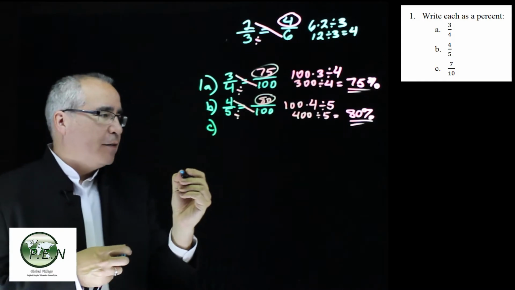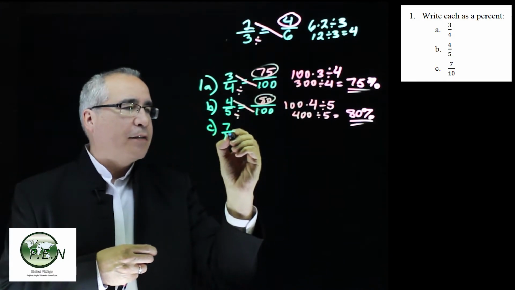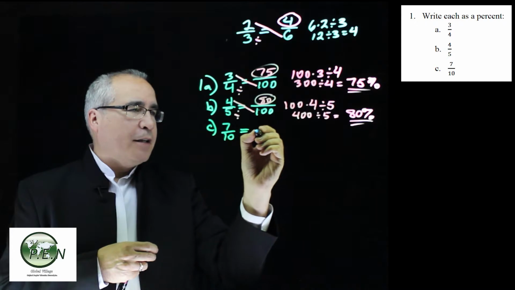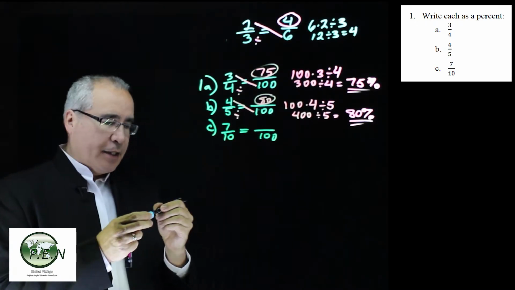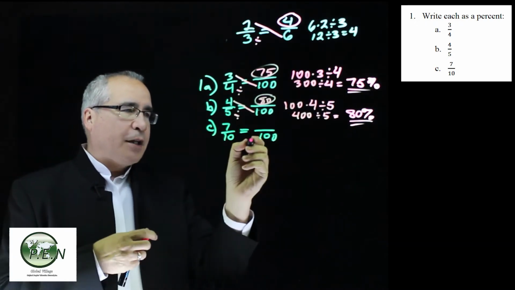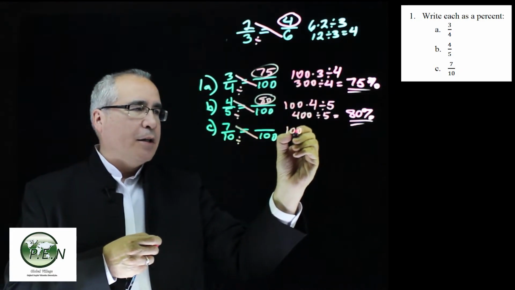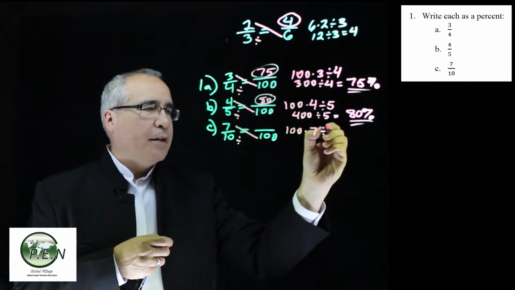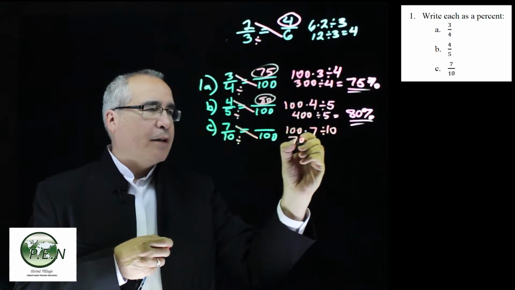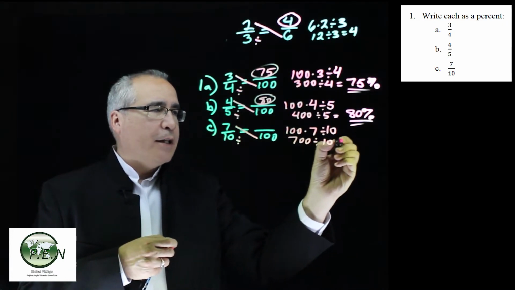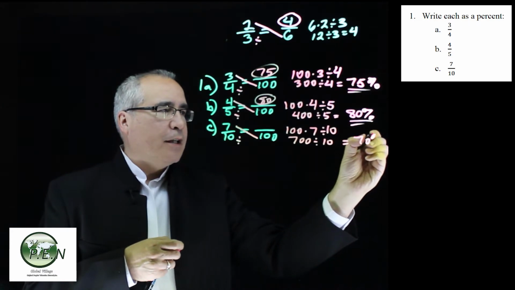C question gives us the fraction 7/10. We want to find the per 100, the percent, and so we cross multiply and divide. 100 times 7 divided by 10. 700 divided by 10 gives us 70%.